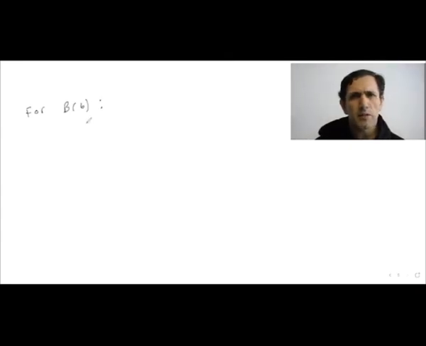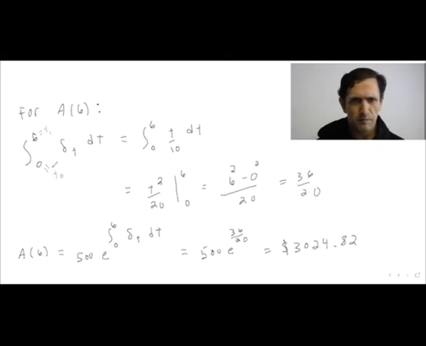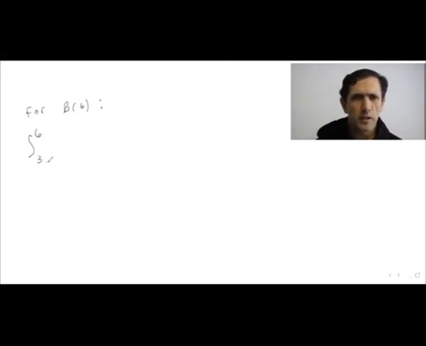All right, so let's get b of 6. And we've got to be a little careful because here my deposit occurs not at t equals 0, but at t equals 3. So here, this is my t0, this is my t1. I want b of 6.